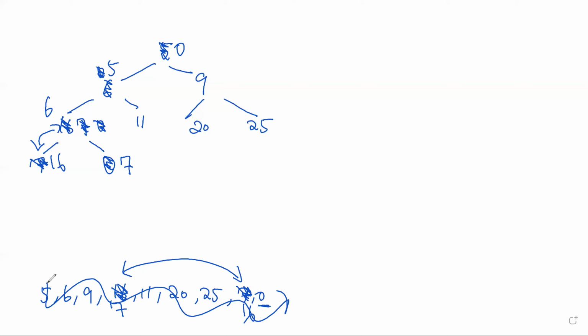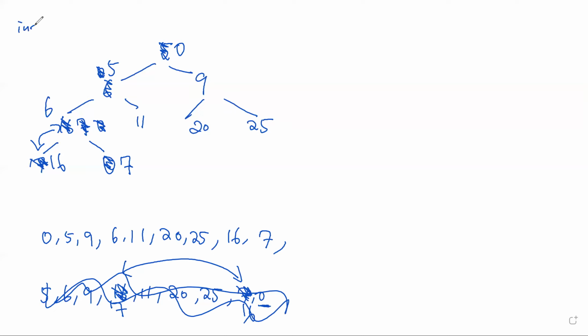Let's rewrite this array: 0, then 5, 9, then 6, 11, 20, 25, 16, and 7. And then 23.